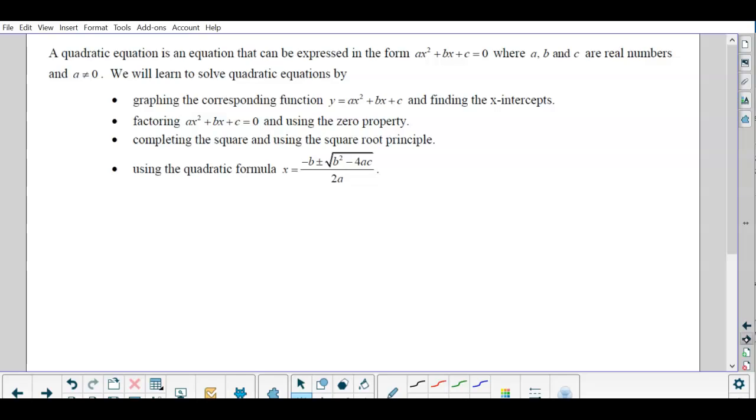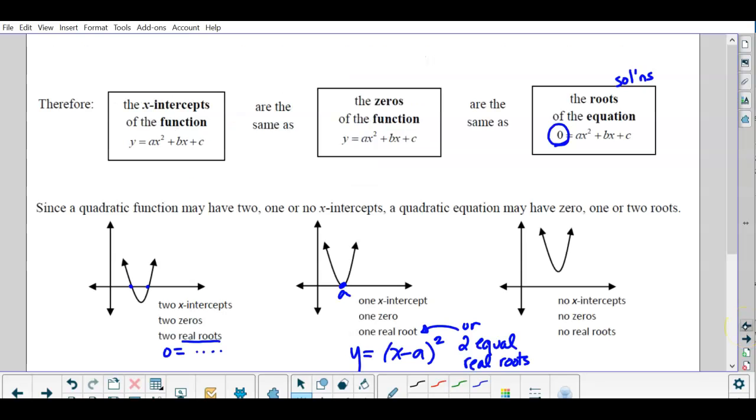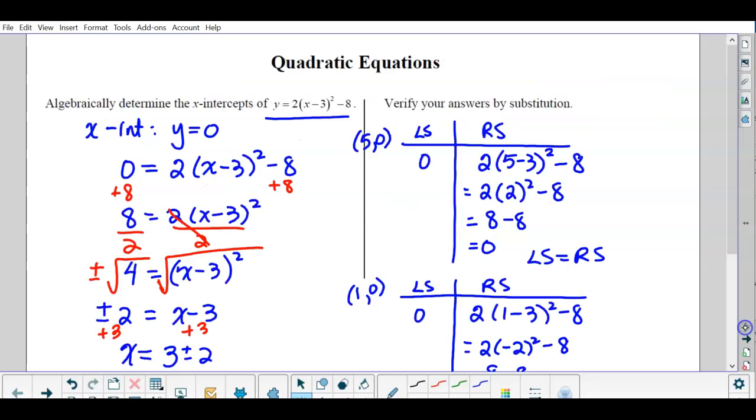We can complete the square, okay, and then solve using the square root principle. So we know how to complete the square on this. That basically means put it into vertex form, back from functions, and then undo it like we did in that first example. So here, if it's in standard form, we learned in the last unit how to put it in this form, and then we can undo that to get our solutions.